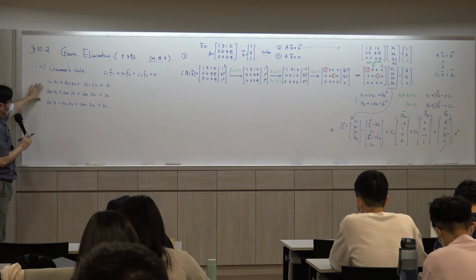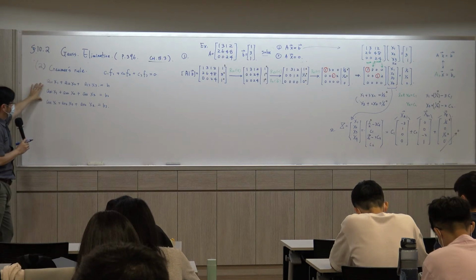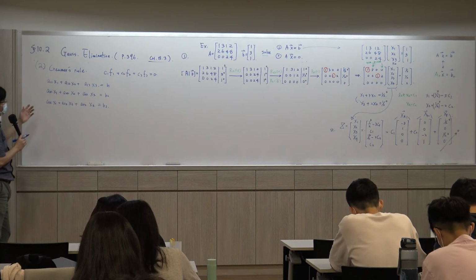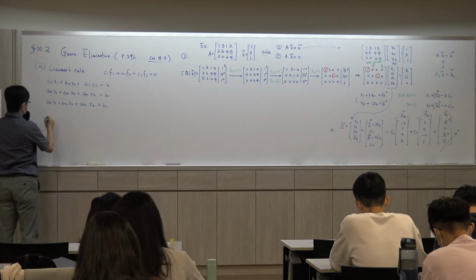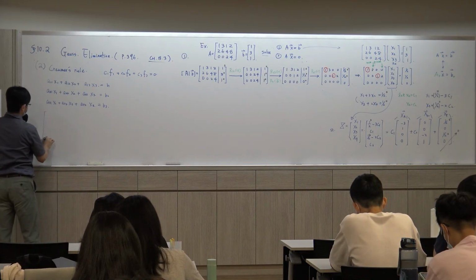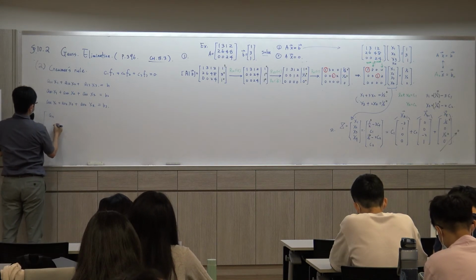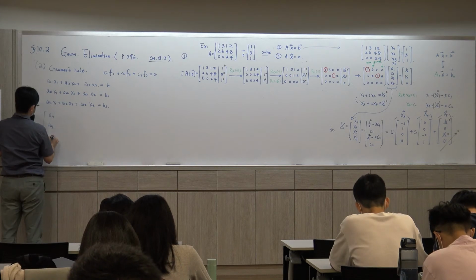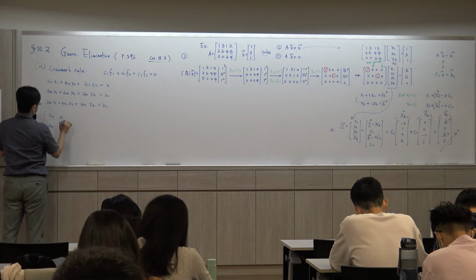So if we have three equations like this, we can describe this the way we mentioned before. So we can have a coefficient matrix. The first row and the first column. Second row, first column. Third row, first column.